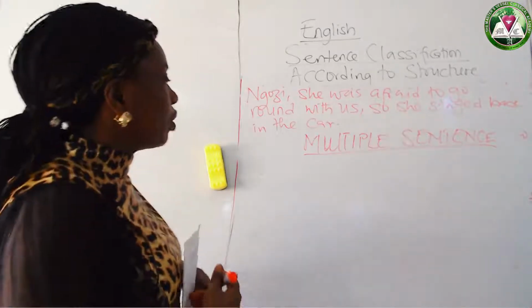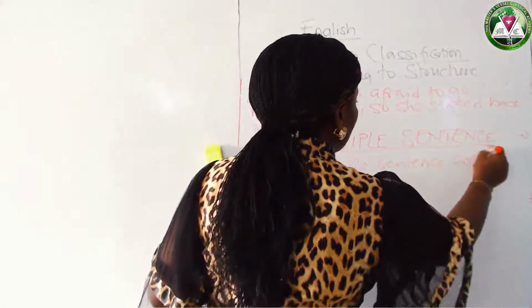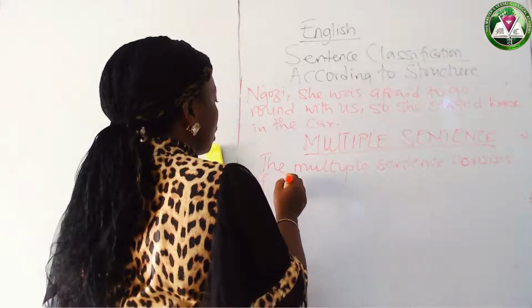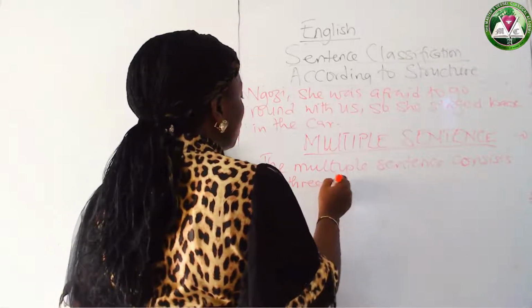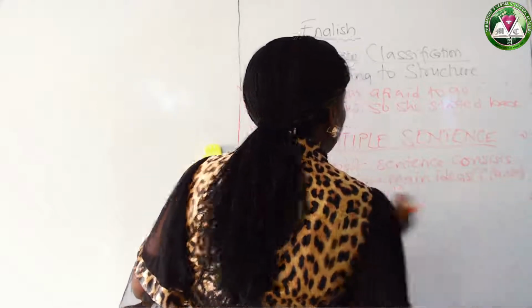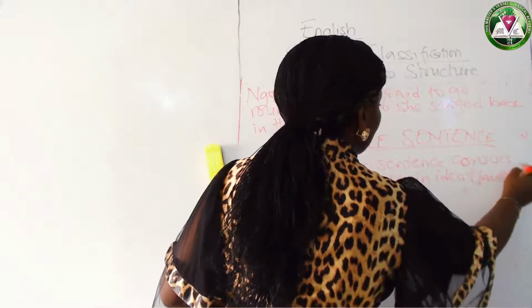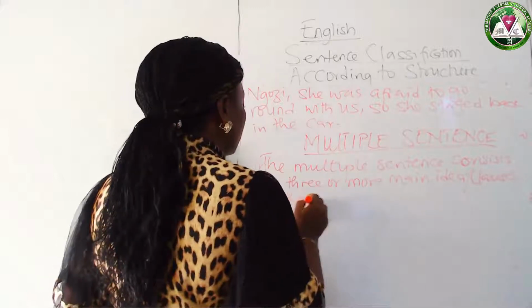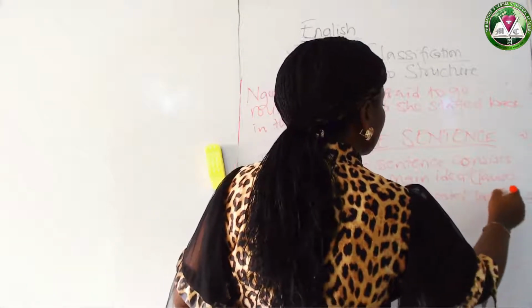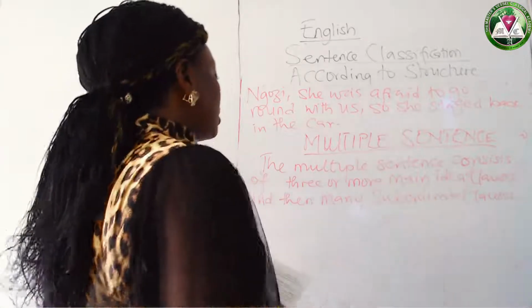So we say that the multiple sentence consists of three or more main ideas or clauses, and then many subordinate clauses.